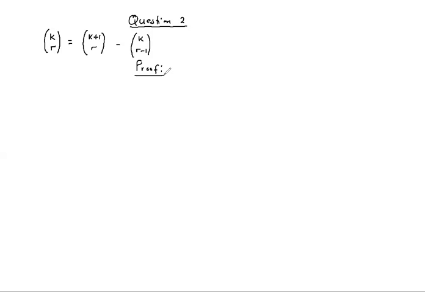So in this case, we'll pick the right-hand side, which is k plus 1 choose r minus k choose r minus 1. And just to remind ourselves that the left-hand side, k choose r, following the definition of n choose r, can be written as k factorial over r factorial, k minus r factorial.